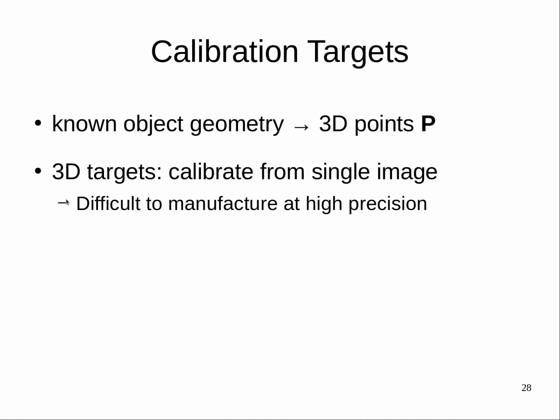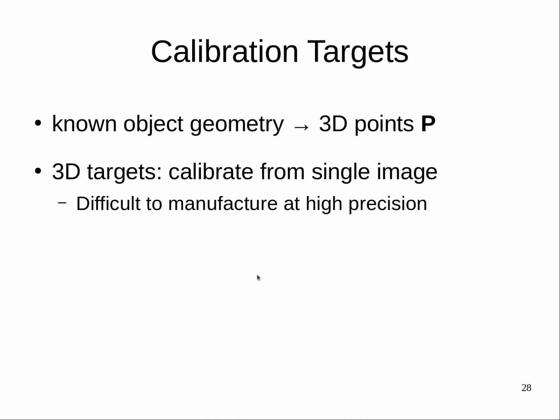The issue here is that a 3D target is difficult to manufacture, at least if it should have high precision. And we want it to have high precision because if the 3D points are somewhere else due to bad manufacturing, then this translates directly into a bad calibration, because we do not account for this and then think that this must be the lens, and not because the 3D target is messed up.